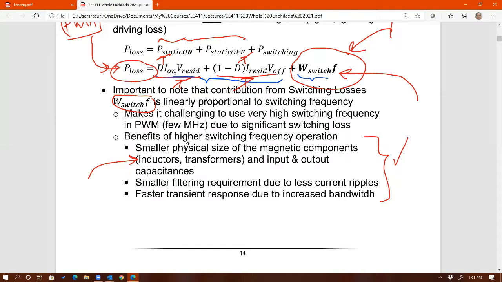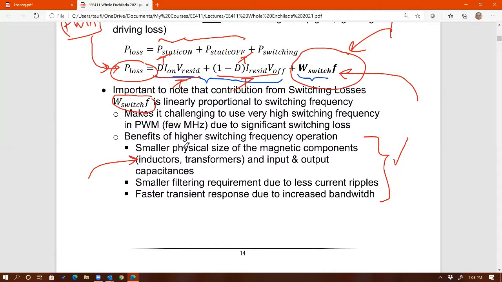Whereas, for example, IGBTs are slower than MOSFETs. And that's why you don't usually see people use IGBTs for DC to DC converters, because inherently you cannot turn IGBTs on and off fast.